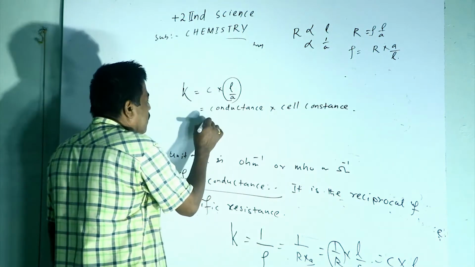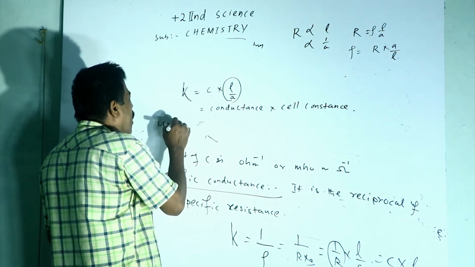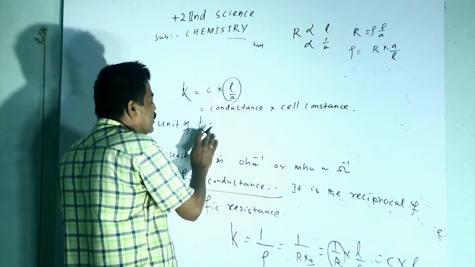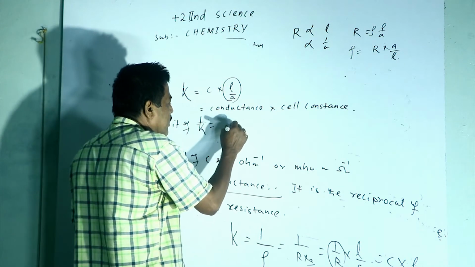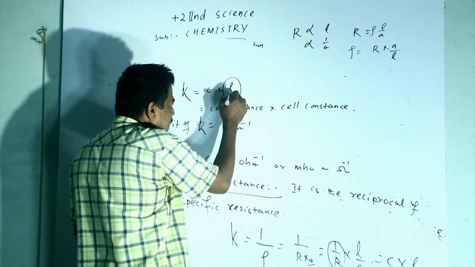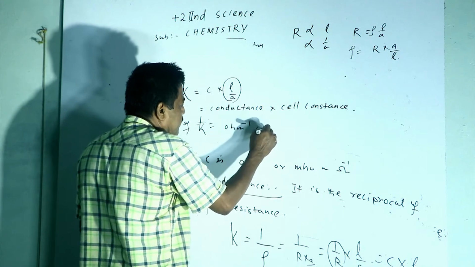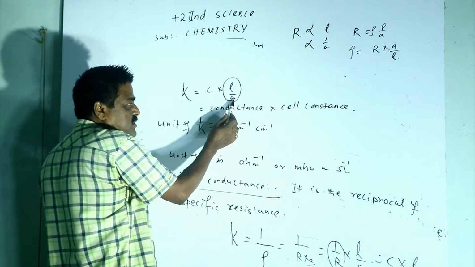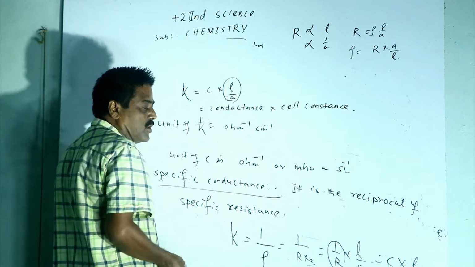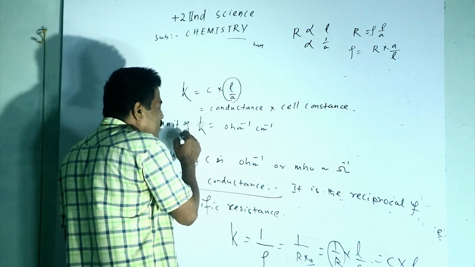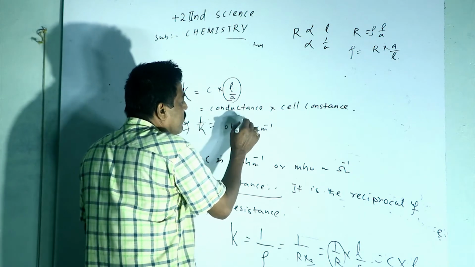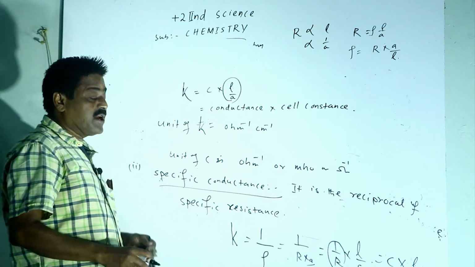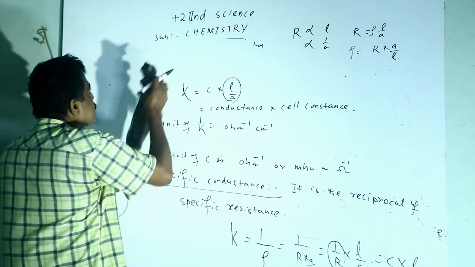The unit of kappa: C has a unit ohm inverse, and L by A corresponds to centimeter inverse, because this is centimeter square and this is centimeter. Therefore, it is centimeter inverse. So you can write the unit of kappa is ohm inverse centimeter inverse. This is what is called specific conductance.